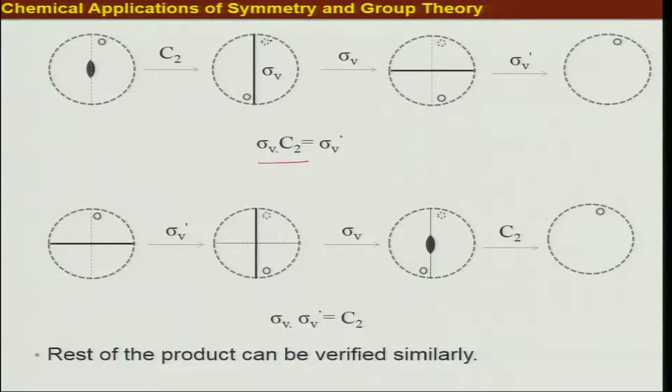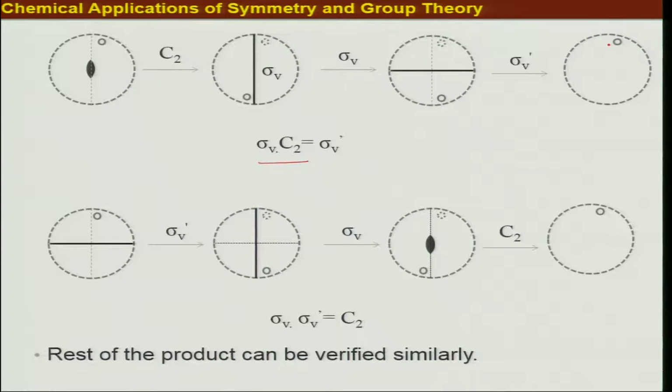This particular place is the original point that I took. Now, after I got this structure, if I operate sigma v here, what we get is a reflection, and in that case sigma v is in this plane. Okay. So a reflection will take it back to the original point.